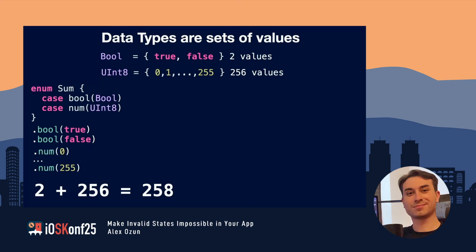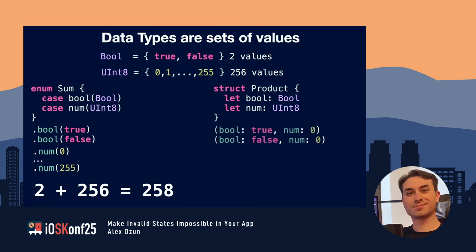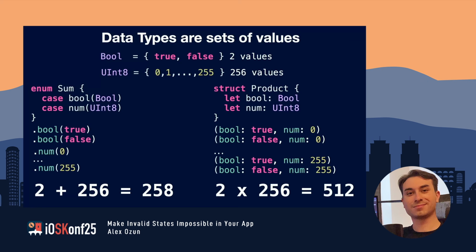So it's easy to see how it's a sum type. In contrast, structs combine these values. They do perform permutation. So we have Boolean true and false for all zeros, then true and false for 1, etc., until the 255. So it's a multiplication of types. Anyway, this is fun, but it's really just kind of an interesting abstract thing.